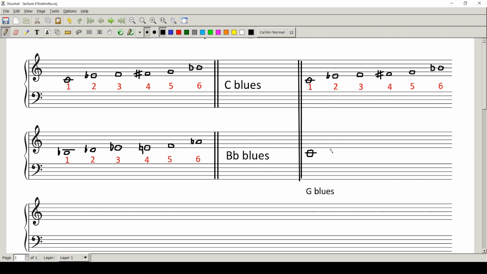E flat should move to C sharp. After that, I need a D, so F is going to move down a ways to D. F sharp will move down just a little bit to F. G gets to stay the same, and B flat gets to stay the same.